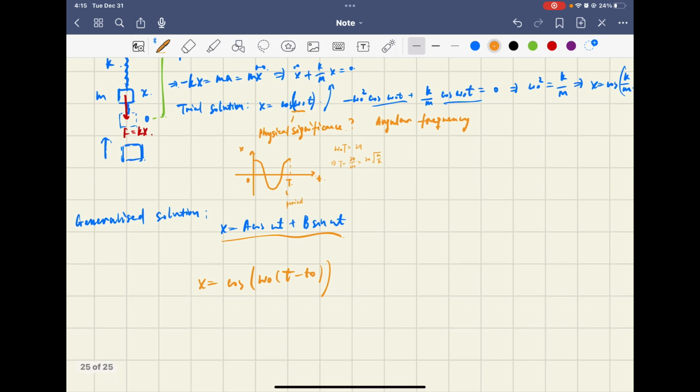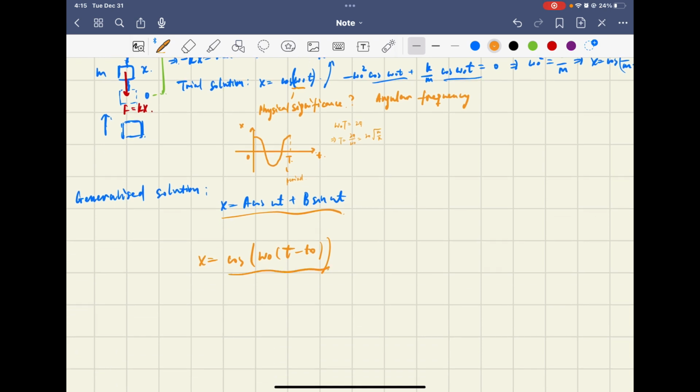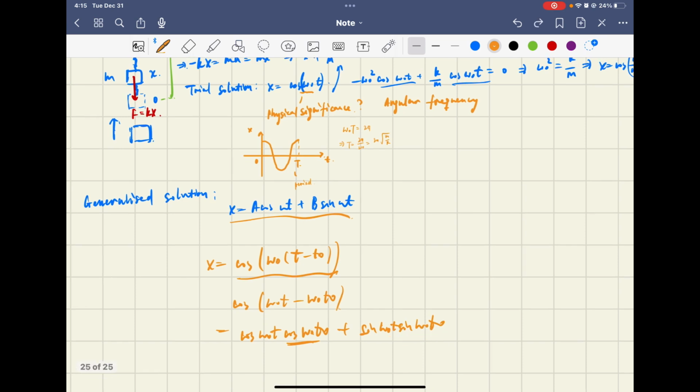So in this case we need to expand this: cosine omega 0 (t minus t0) equals cosine omega 0 t cosine omega 0 t0, and this is a constant, plus sine omega 0 t sine omega 0 t0, and this is constant as well. So the solution will contain both the cosine term and the sine term.